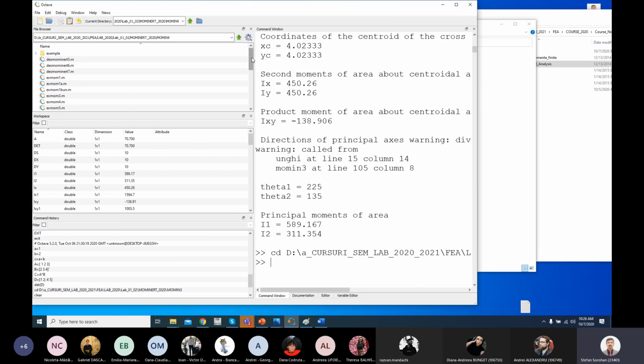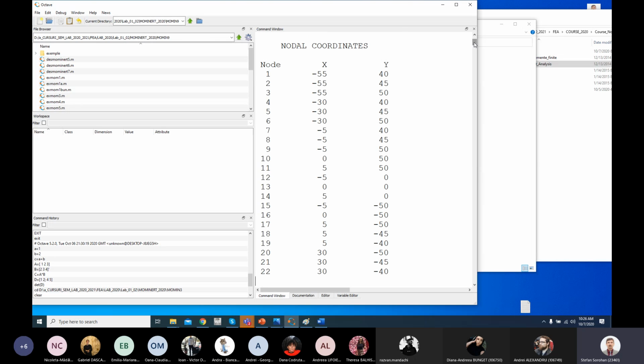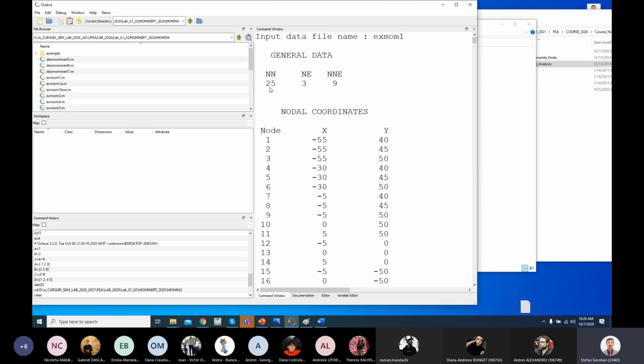Let's start with a test. Let's type momin9. And again, we need an input data file. Let's take xmom1, for example. The name must be correct. So this is an example with 25 nodes, 3 elements, and the number of nodes per element is 9, because this is momin9.